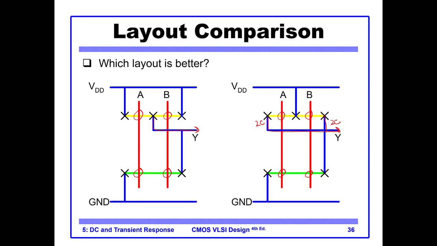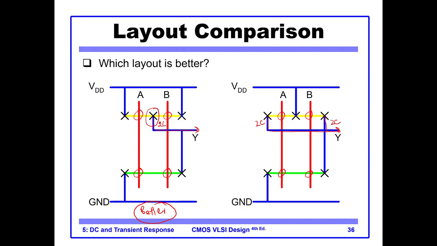Why 2? Because these are PMOS. PMOS are double the size of NMOS. But on this side, the transistors A and B have a shared region, and that's why the capacitance is counted only once. So this means that the layout on the left is better in terms of delay than the layout on the right.